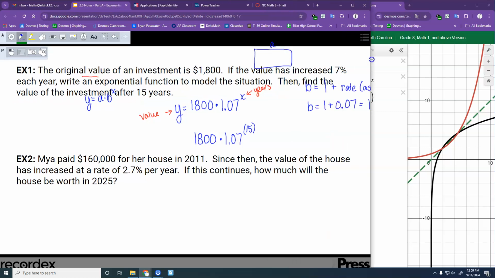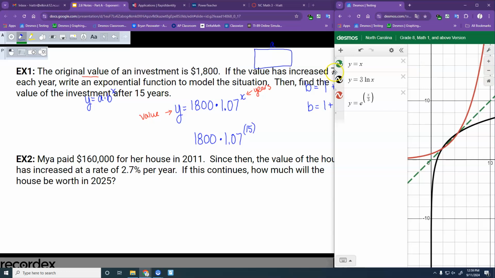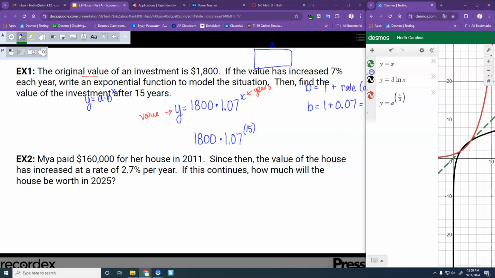Let's see. Really don't need much here. Let's get rid of this stuff. We're going to do 1,800 times 1.07 to the 15th power. You don't have to do y equals or anything there.